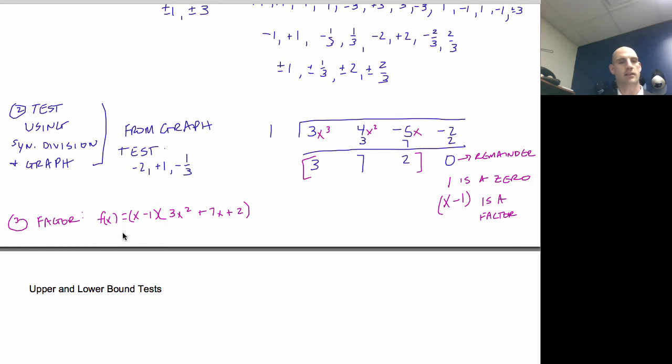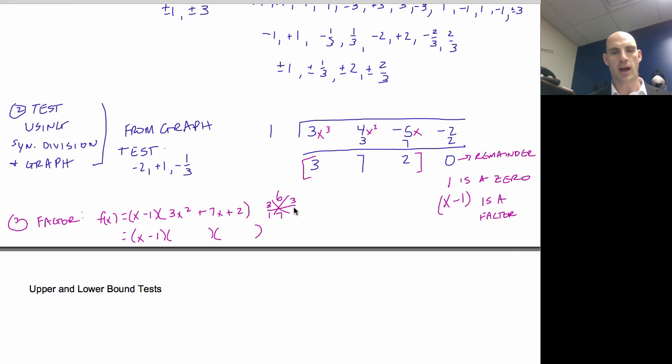Well, now I've got x minus 1 as a factor, and I can factor this. And so if I go to factor this, I've got x minus 1. And then I know that this is a quadratic, so it's going to be 2 factors. And if I look at my asterisk method, I've got 6 here, 3 and 3. This would be 7. What multiplies to 6 and adds to 7?